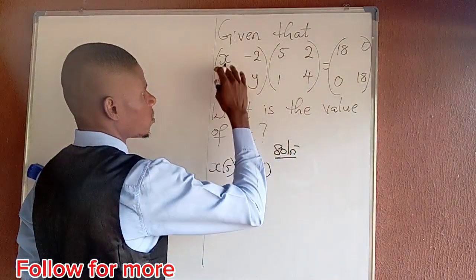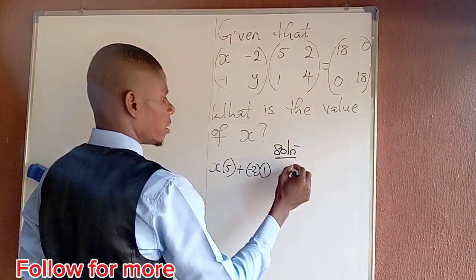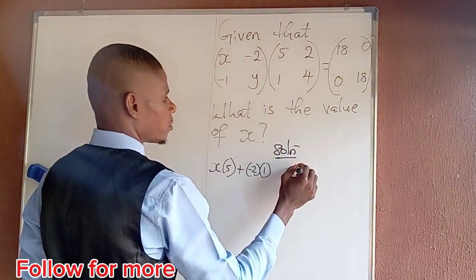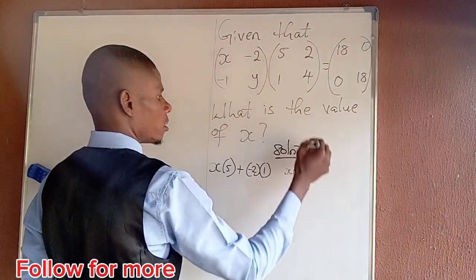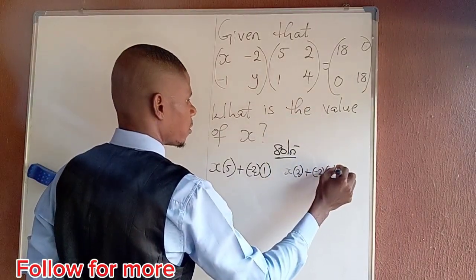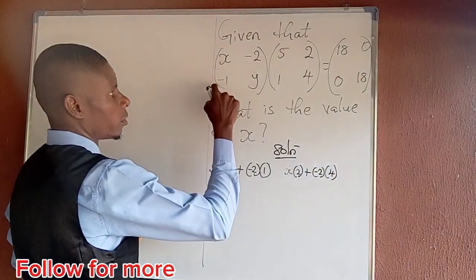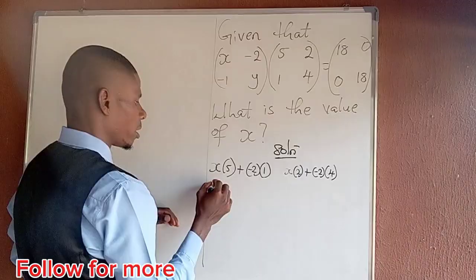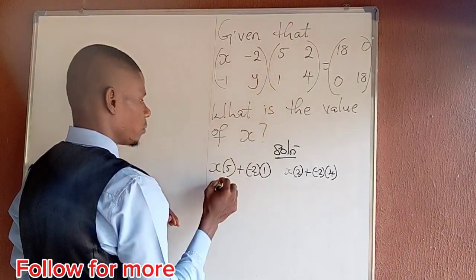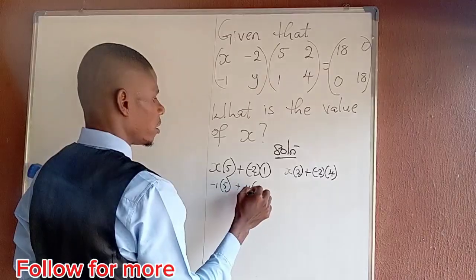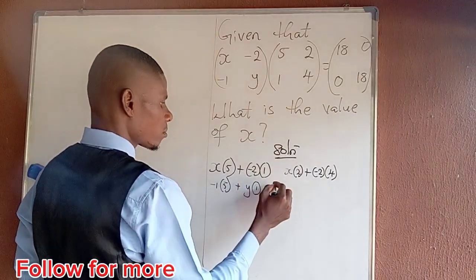Okay, next one is x again times, we are coming here, times 2 plus this again minus 2 times 4. All right, then we come here, the second row, so this against this is minus 1 times 5 plus y times 1.